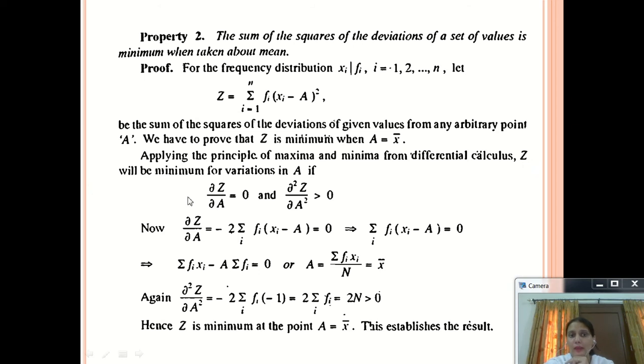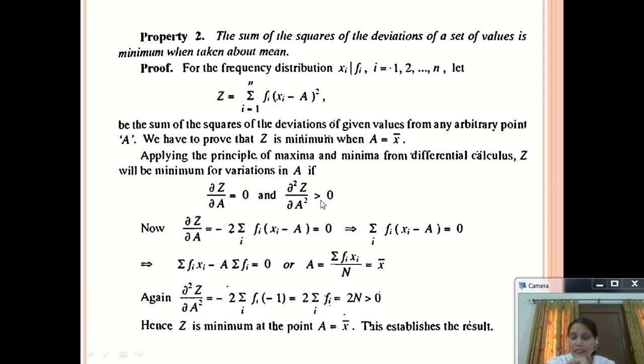Capital Z will be minimum when... what is the formula to check the minima or maxima? We want minimum value, so we will differentiate first with respect to a and equate equal to 0, and check the double derivative.